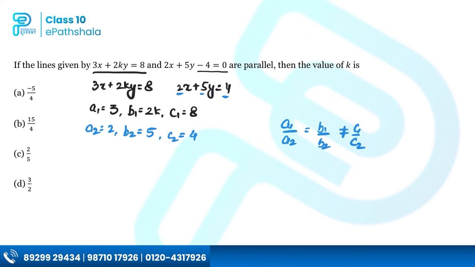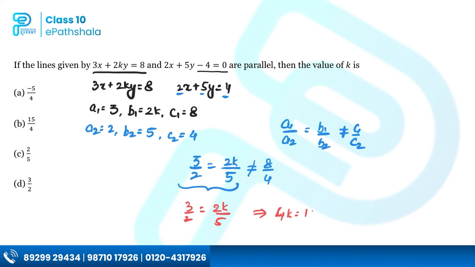So a1 upon a2, which will be 3 by 2, is equal to 2k by 5, and it should not be equal to 8 by 4. So let us take the first two parts only. We will have 3 by 2 is equal to 2k by 5. Cross multiplying this, we will have 4k is equal to 5 times 3 is 15.